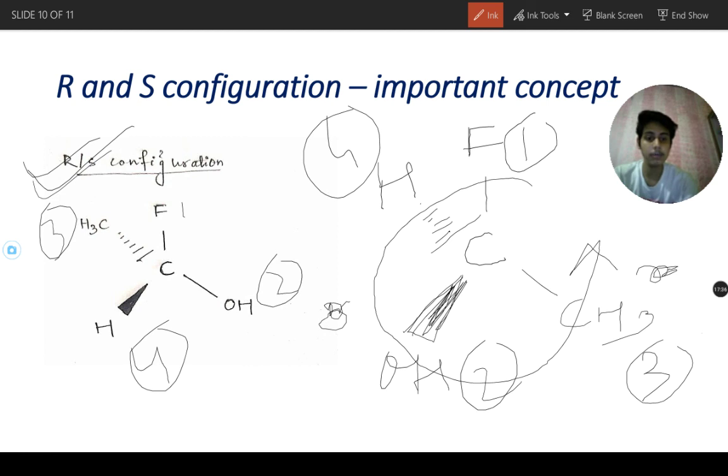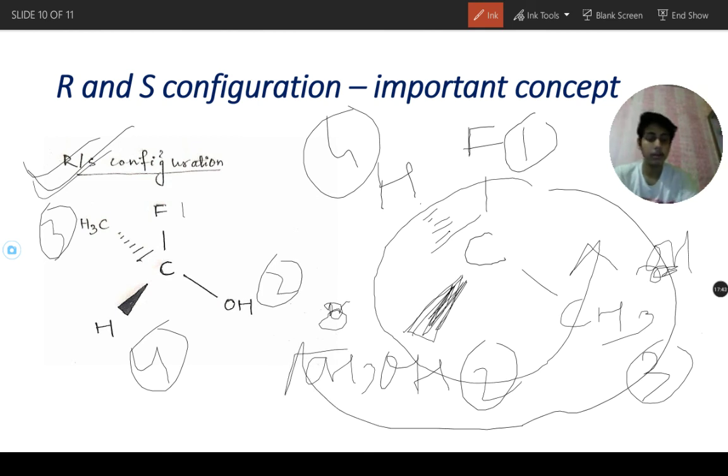So as OH will be here, CH3 will be here, the configuration will change. It will go clockwise. Clockwise direction means it is R configuration. Just remember, R means clockwise, S means anti-clockwise.